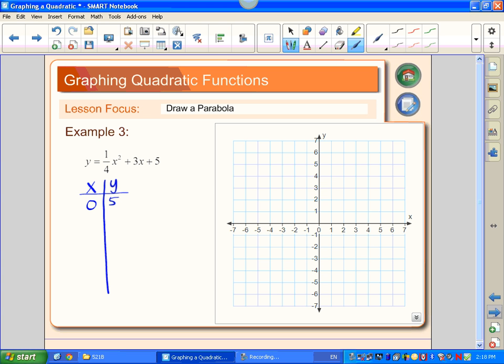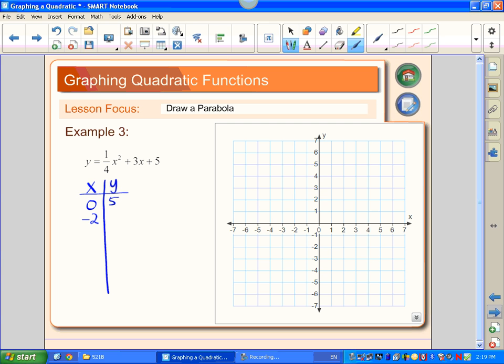And then I'm thinking, okay, well, what if I did a 1? If I did a 1 and all of those are positive, it's just going to get bigger. So it's going to be bigger than 5. I'm not even having to do any math. So I'd like to go smaller than the 0 for my x value, but I have that fraction. And the denominator's 4, so even numbers is going to be probably really key for me.